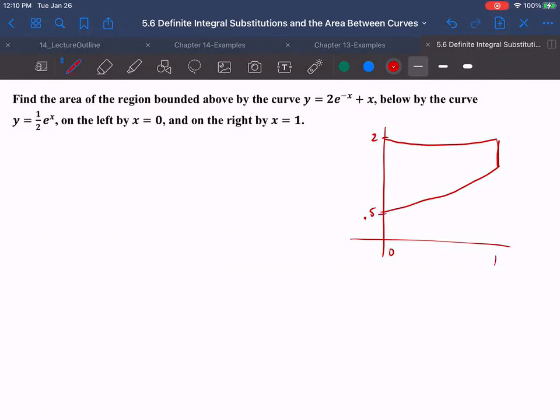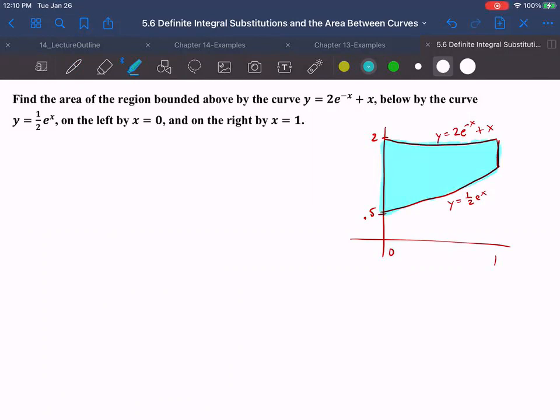And so it's bounded below by y equals 1/2 e to the x. And this is y equals 2e to the negative x plus x. There you go. Okay. So there we see our graph, and we're looking for this area right in here.